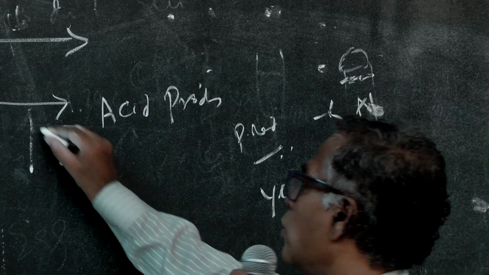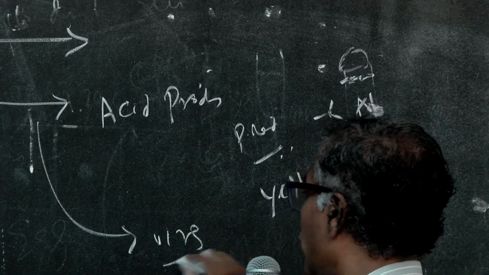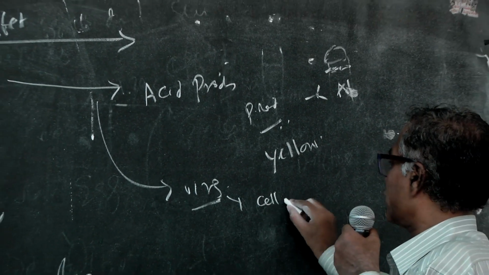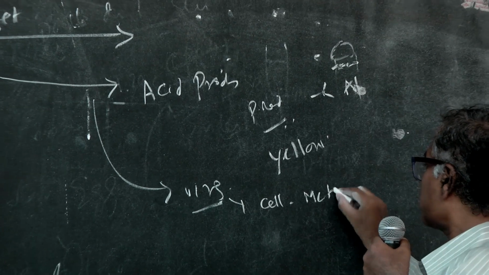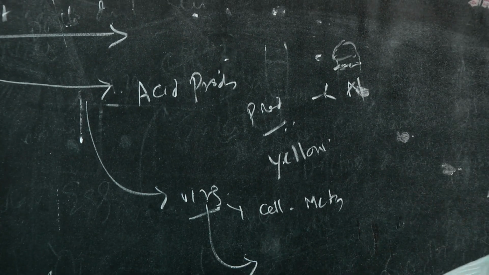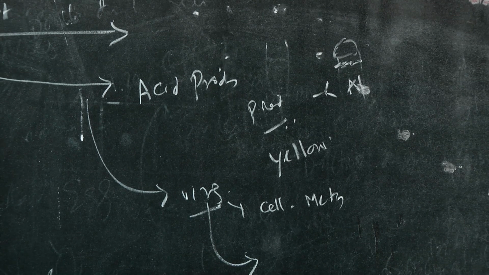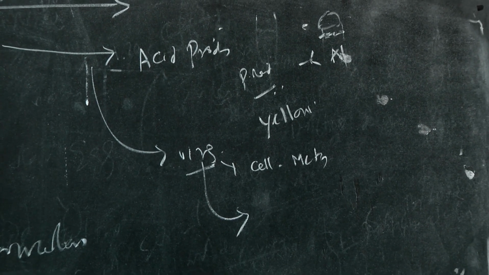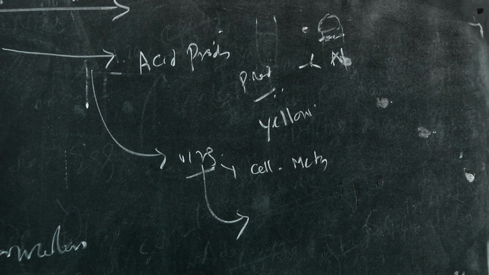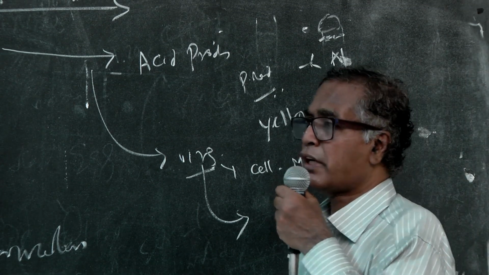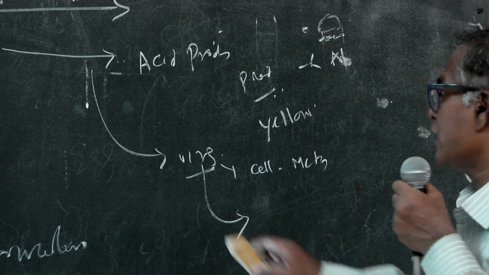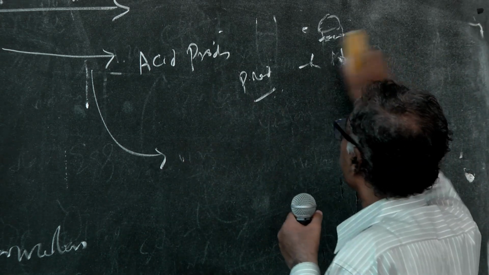Instead, if the virus we have inoculated grows, it inhibits the cell metabolism. When cell metabolism is stopped, there is no acid production, so there is no change in color. By observing no change in the color, we can say that the inoculum consists of virus. Then the next one is HA, heme adsorption.